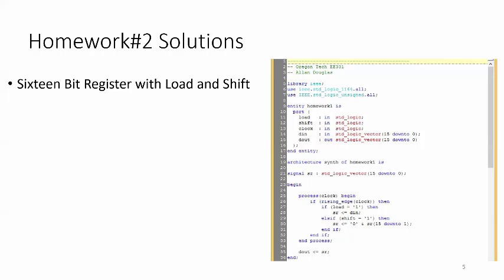It will go lower, 14 lower, and finally 1 will go to 0. With this command, I used the load. If load is high, I am shift registering DIN. DIN will go to SR. All the 16 bits will go to SR.